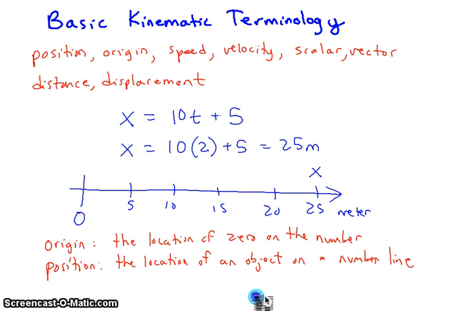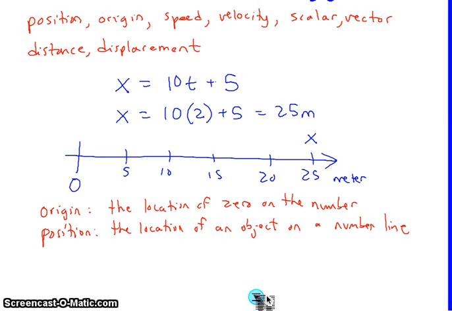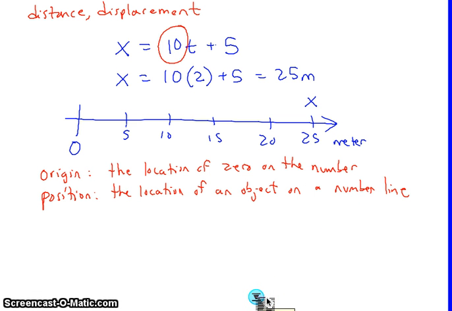So we've also learned at this point that the number 10, for example, in this equation represents how fast the object is going. And there are 2 words that can be used to describe how fast something is going. One of those words is speed, and the other word is velocity. And in this class, it's important to understand the difference between the 2. That technically, the 10 in this equation is known as the velocity.